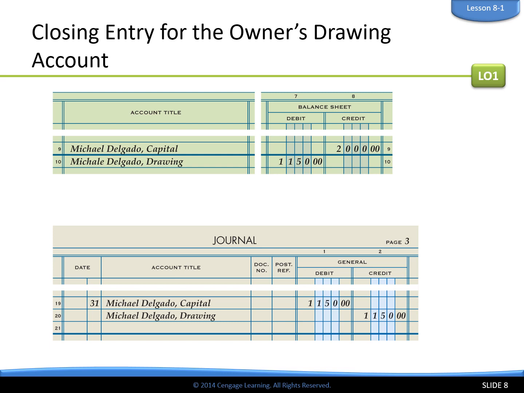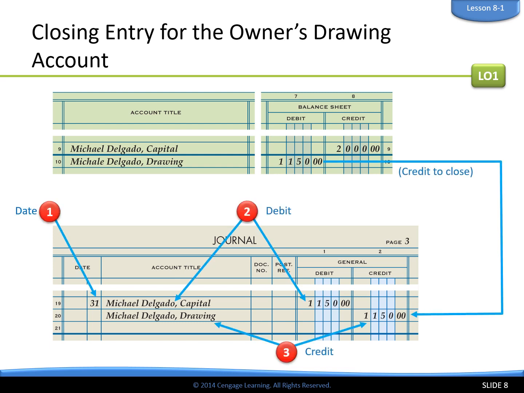So we would need to credit drawing, right? Because we want to close out our drawing account. Okay. And in turn, we want to debit our capital account for that same amount. Okay, so our debits and credits match. Our drawing account is now zeroed out, and our capital account has been decreased by $1,150. Okay.